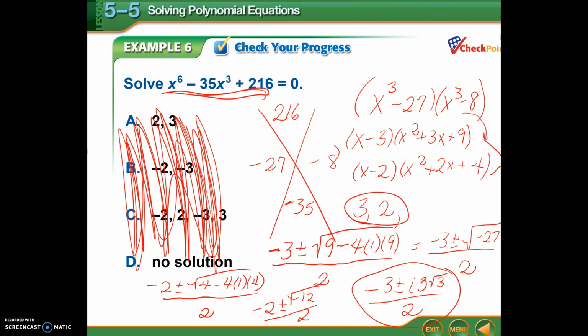So negative 2 plus or minus i square root of 12 over 2. So a lot going on here. Take your time, work on it, and if you have questions, make sure you come in.